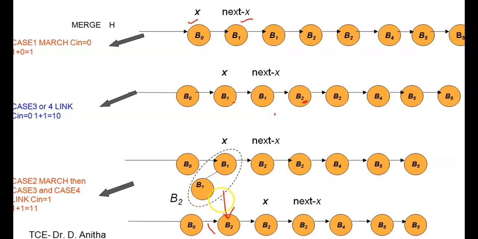Next, again I start from the same place. This is x, this is next x. Okay. Because from the start I have adjusted everything, I can start from x. So x, next x. When I go with next x, this is B2, this is B2 and this is B4. So you have a difference. So combine these two.